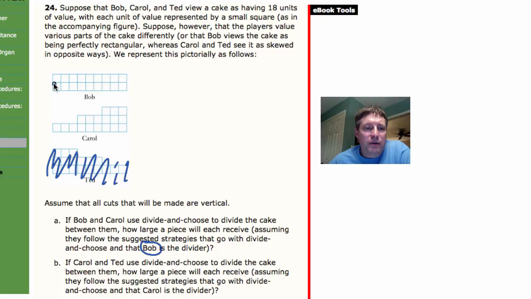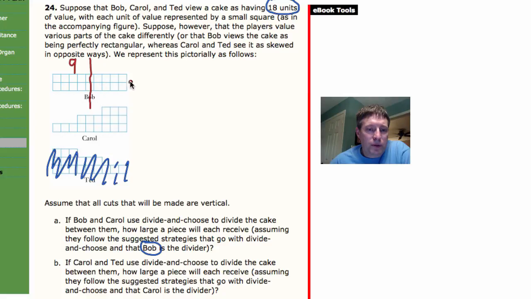So if Bob is going to divide this piece of cake that he believes is worth 18 units, and he's going to cut it vertically, fairly, he's going to cut it right down the middle, which is about right in there, if I can draw it carefully. That's where Bob cuts it, and if you count the squares, 1, 2, 3, 4, 5, 6, 7, 8, and 2 halves makes 9 on one side.